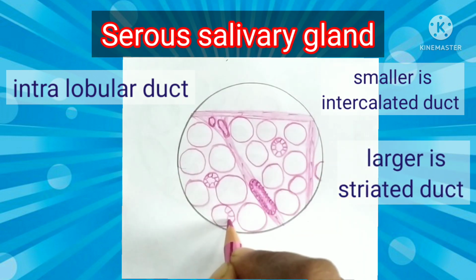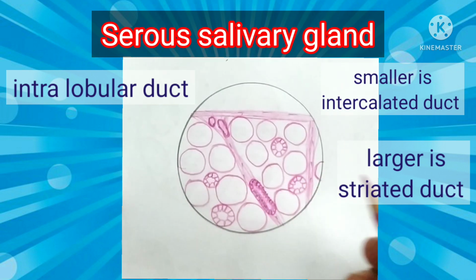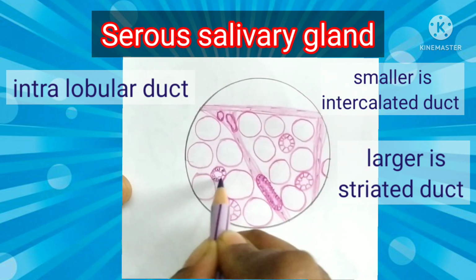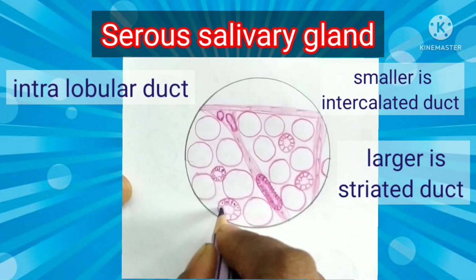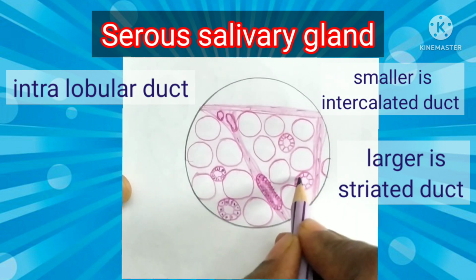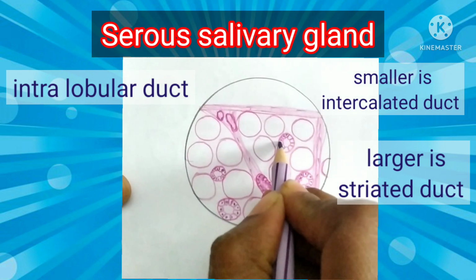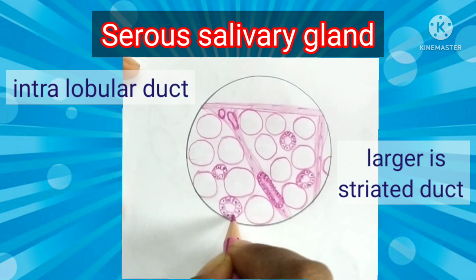Intralobular duct means within the lobules, and we can see two varieties of duct. The smaller one, which drains the secretion from the acini, is called the intercalated duct, which has cuboidal epithelium with round nuclei. The slightly bigger ducts are called striated ducts because they show striations. These striations are mainly because of basal infolding of the cell membrane. So towards the basal side they show striations.